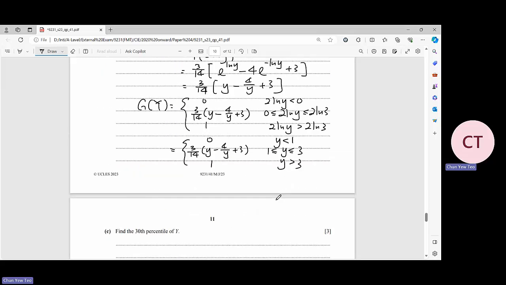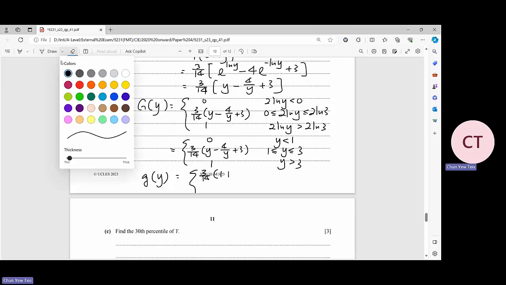Therefore, for the PDF, differentiate this and you get 3 over 14 times 1 plus 4 over y squared, plus because I need to differentiate.